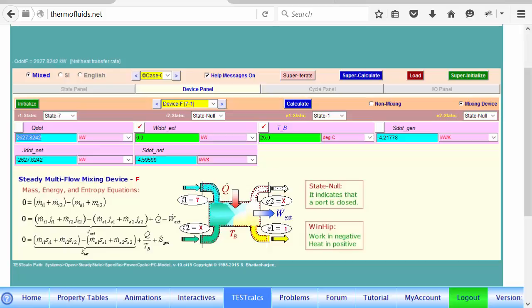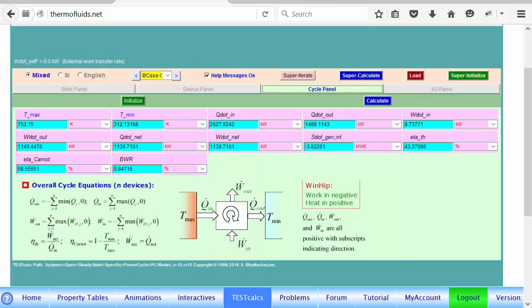Once all the device analyses are completed, the cycle panel automatically calculates all the quantities. These are all output. You don't have to enter anything here. As you can see, the thermal efficiency has been found, and the net power is 1139.